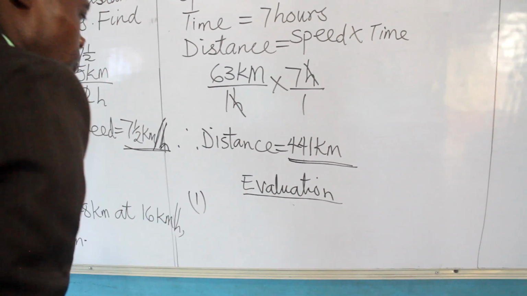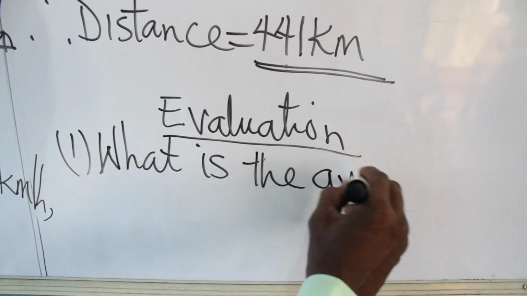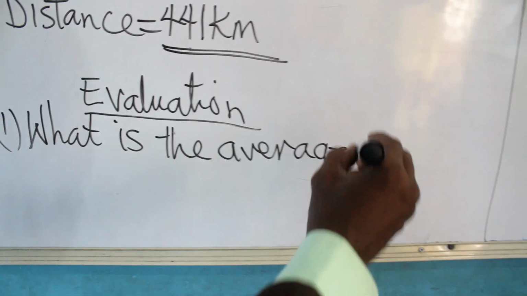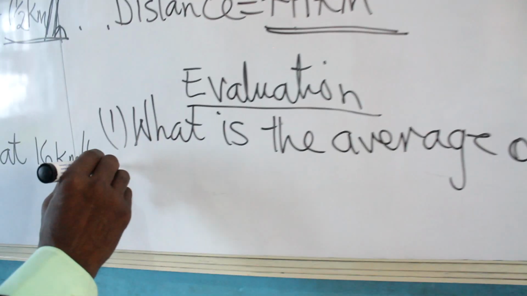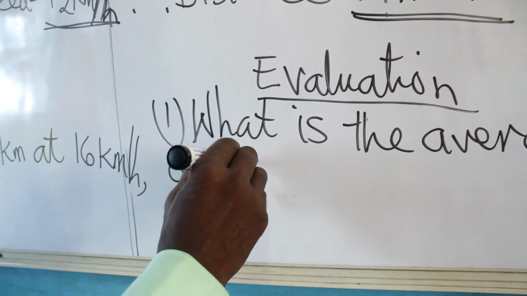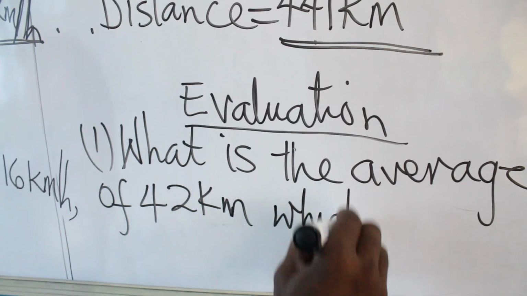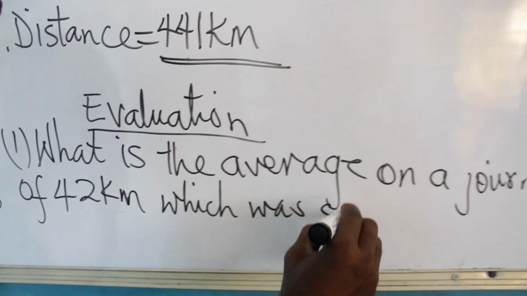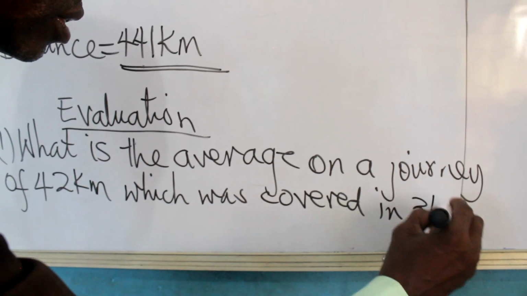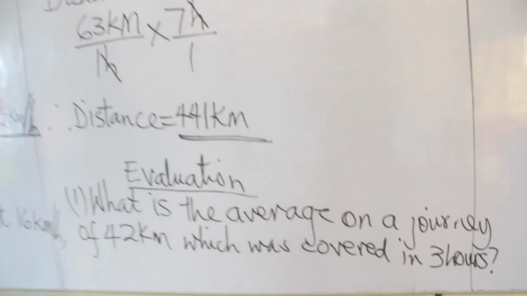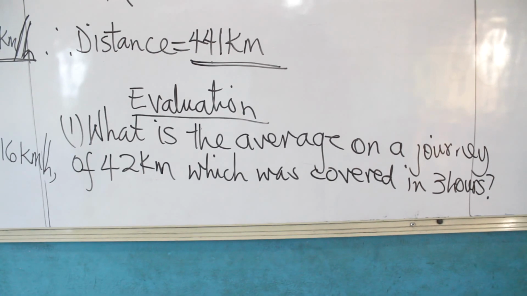Number 1. What is the average speed on a journey of 42 kilometers which was covered in 3 hours?